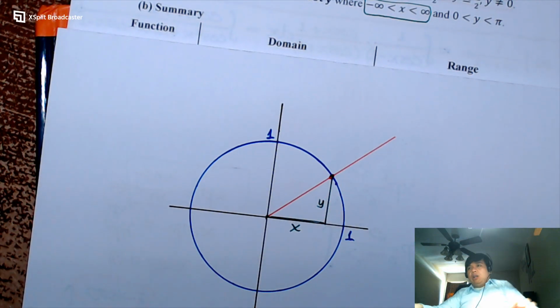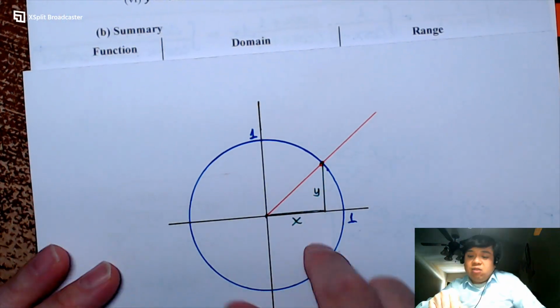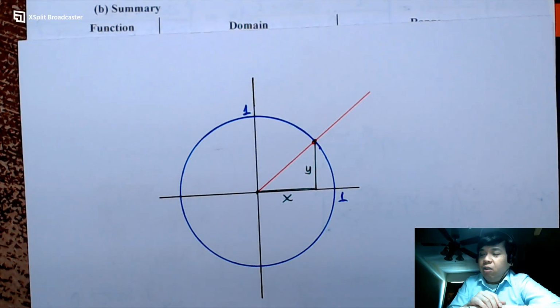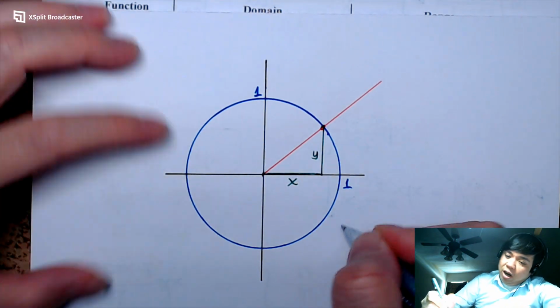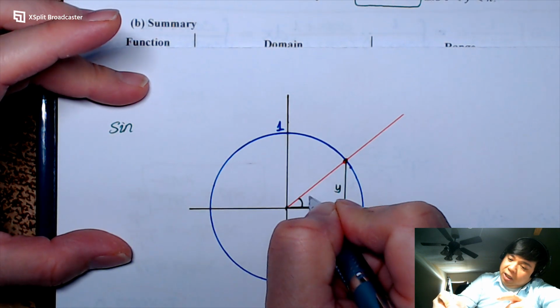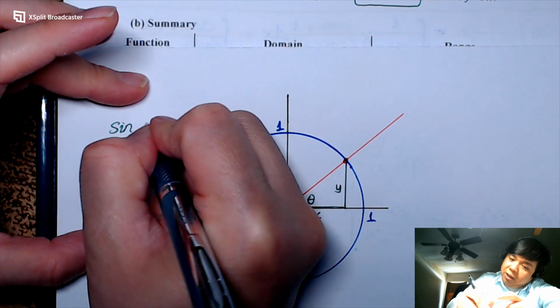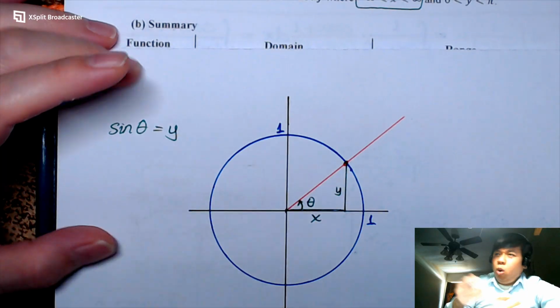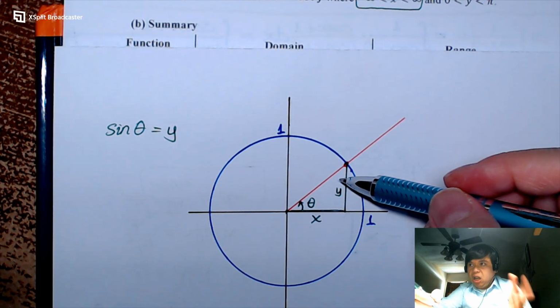Of course, and then you say, okay, y value is sine and x value is cosine. That's the definition, right? Y equal to sine of an angle here is y.